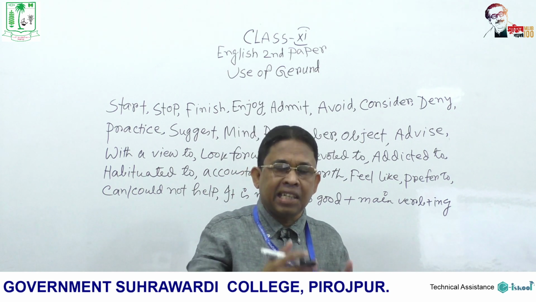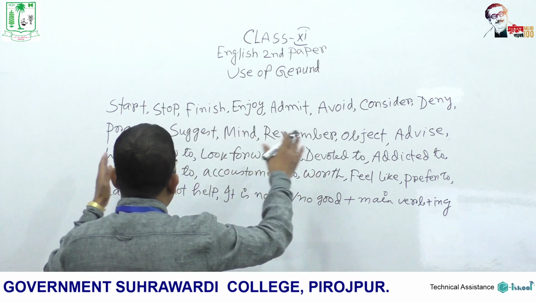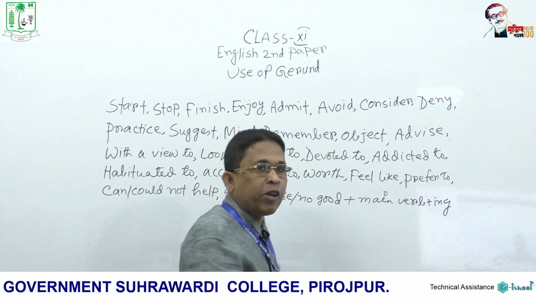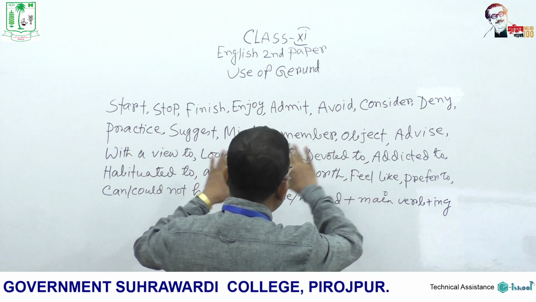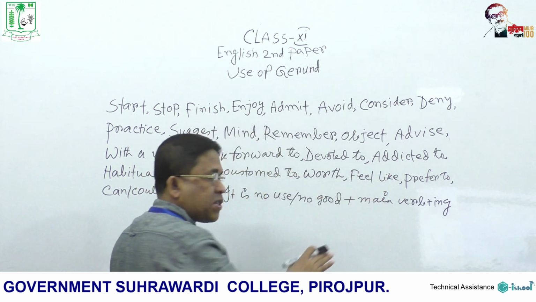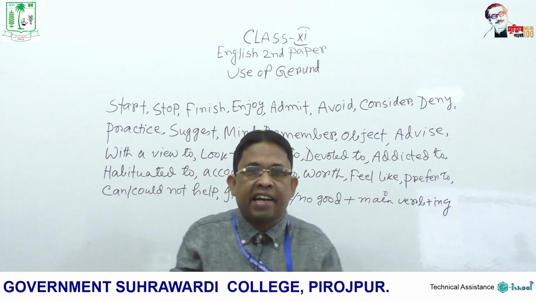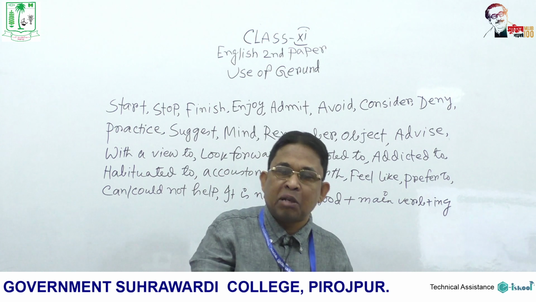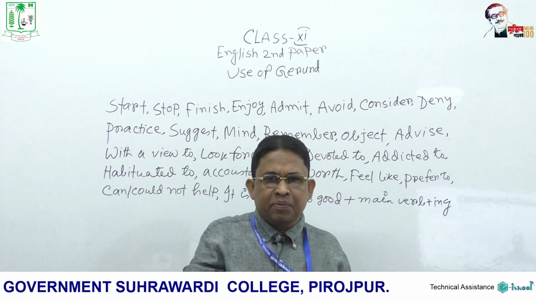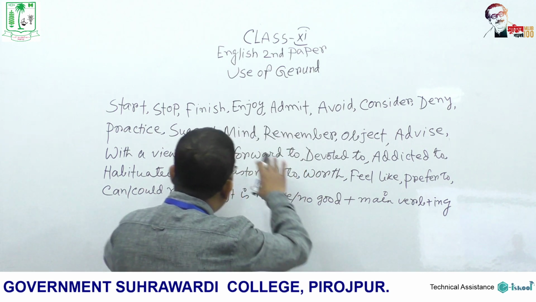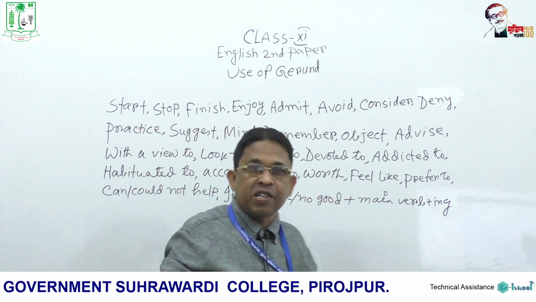That is, gerund can be the direct object of these verbs and phrases. So what I have written here are the verbs and phrases which always take gerund after them.